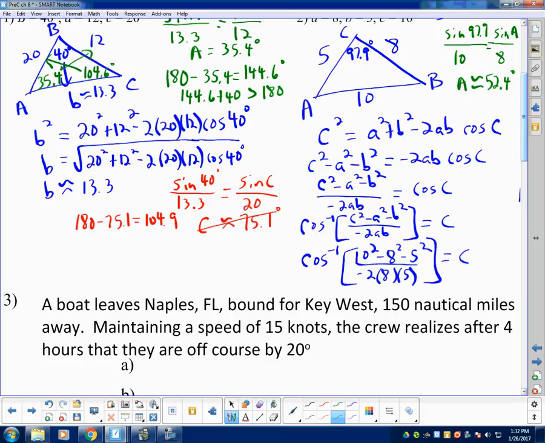And once we have A and C, we can use the fact that the three angles add up to 180 degrees to go ahead and find the third angle. So 52.4 degrees, and then the last angle is 29.7 degrees.